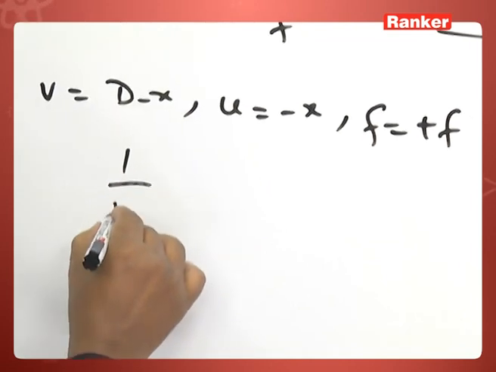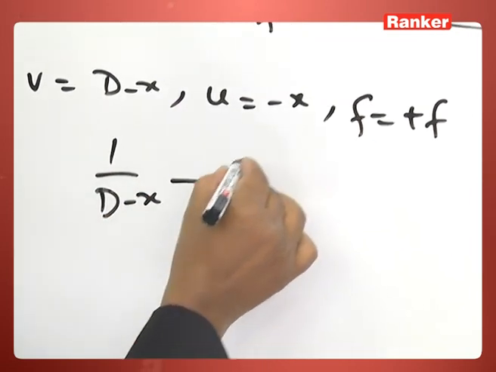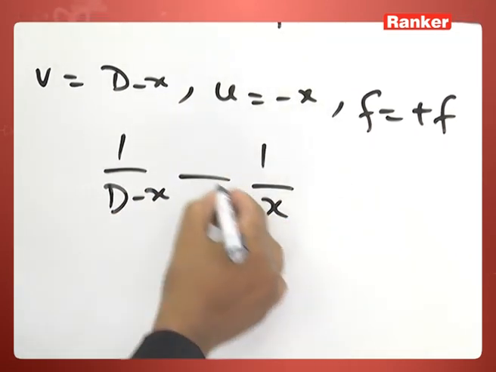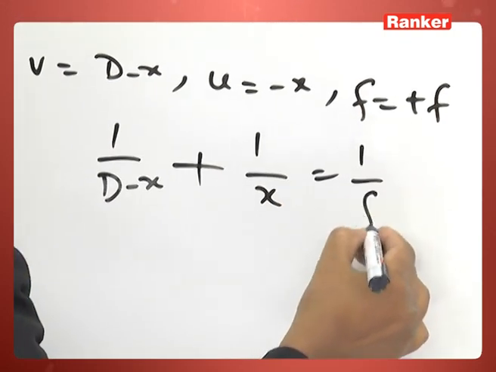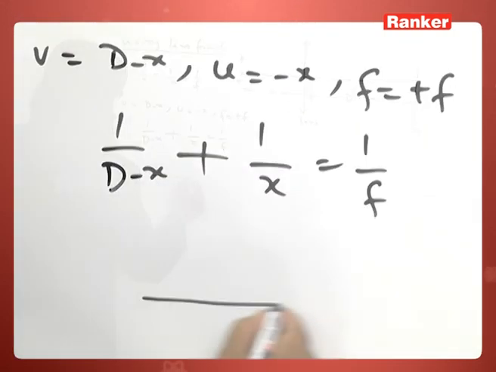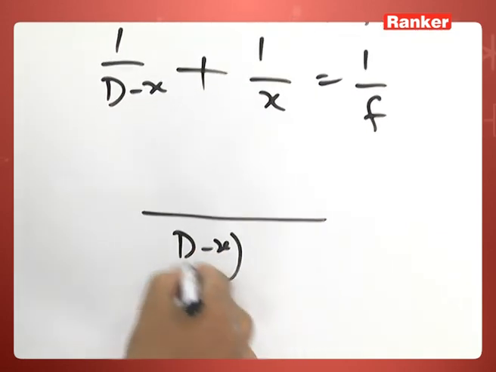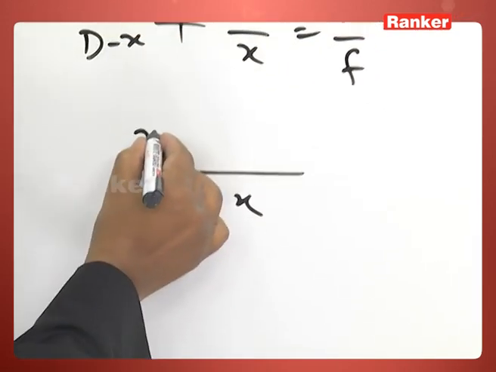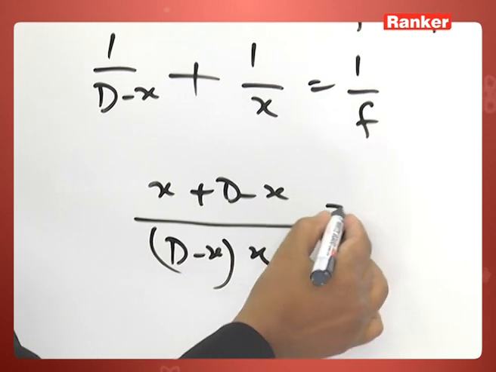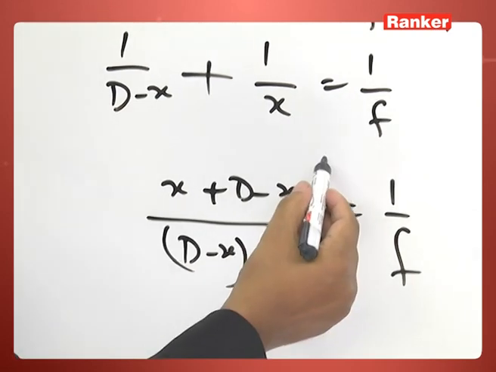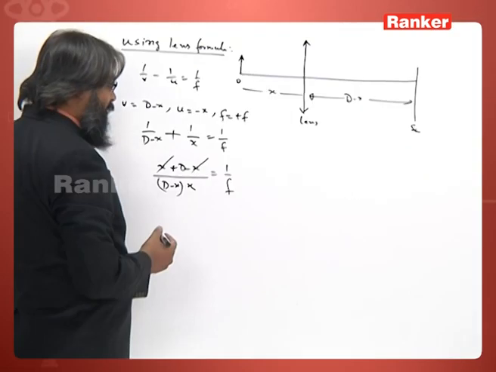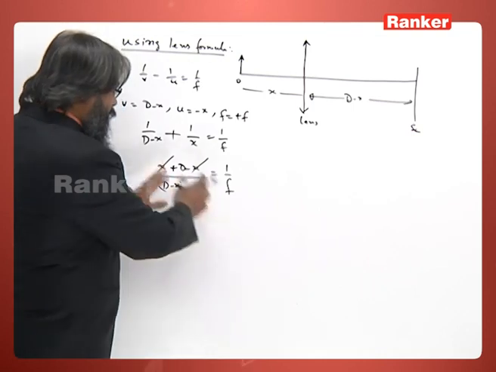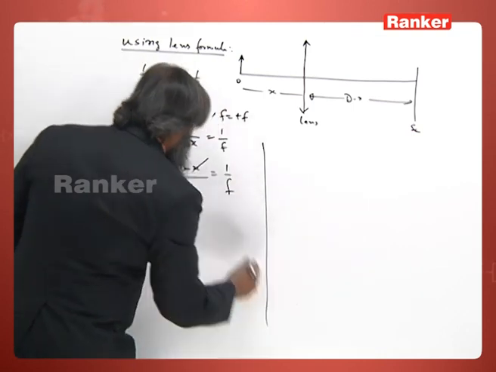So, 1 by D minus x minus 1 by minus x, so it becomes plus, we have 1 by f. Now, if we write this as 1 by (D minus x) plus 1 by x is equal to 1 by f, then x plus D minus x over (D minus x) into x is equal to 1 by f. Here x gets cancelled. Now, simplifying it, let us cross multiply.